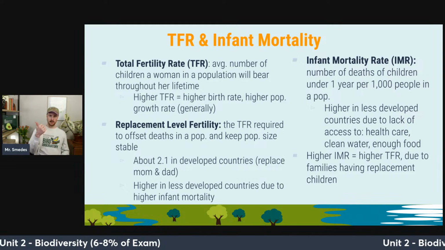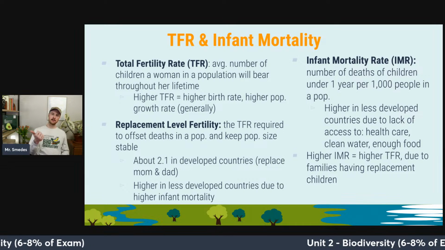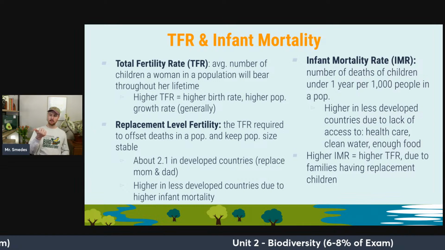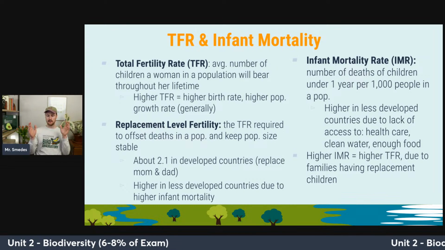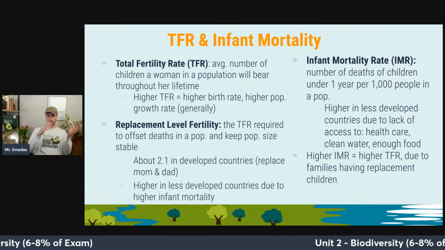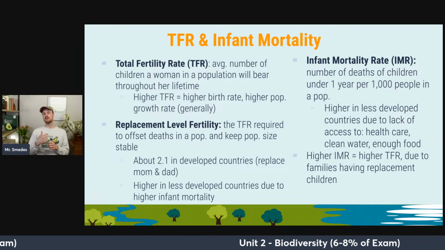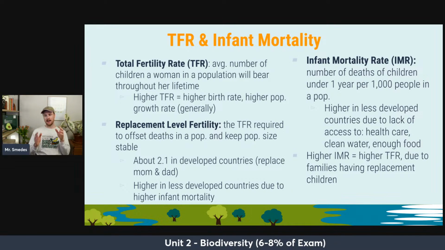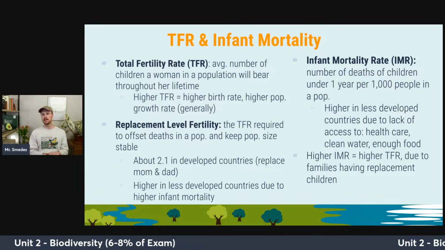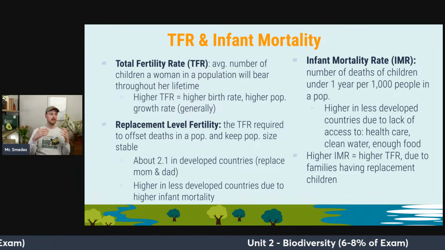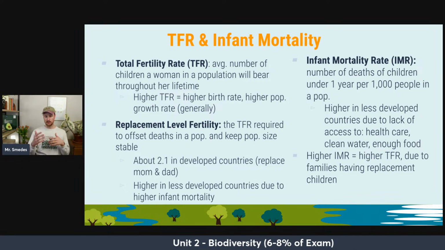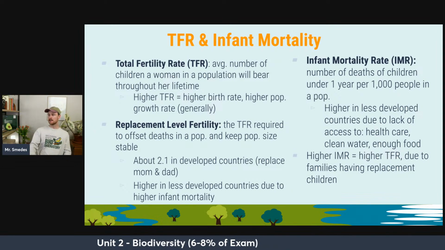One child replaces the mother, one child replaces the father, so you have two people replaced by two people. The reason it's 0.1 more is that not every person in a society reproduces, so 2.1 is the rounding error basically.